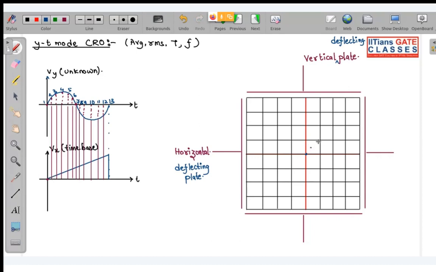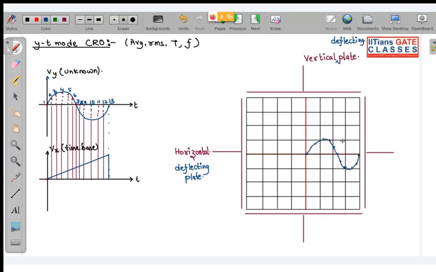Similarly, the third point will come over here, the fourth, the fifth, and the sixth, seventh, eighth, ninth, 10th, 11th, 12th. Like this, you will have your sinusoidal.